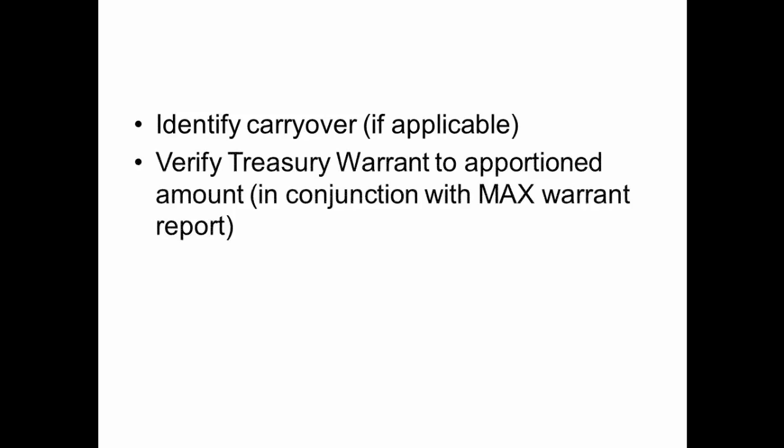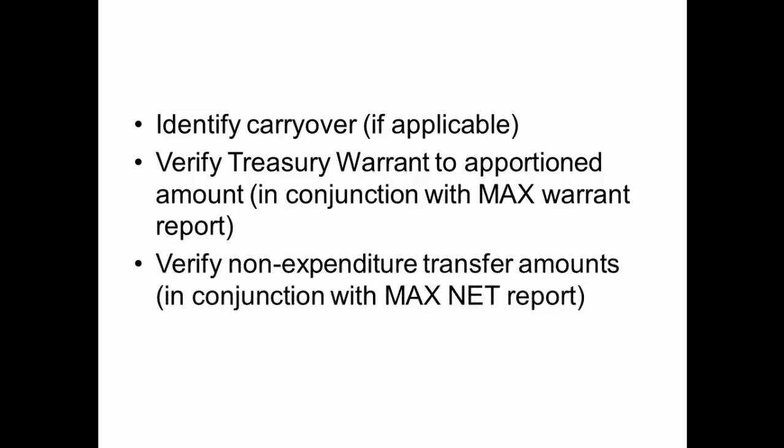In conjunction with the max Treasury warrant report, to verify a Treasury warrant to the apportioned amount. And in conjunction with the max non-expenditure transfer report, to verify non-expenditure transfer amounts. Let's take a look. But first, where do we find the SF133s?